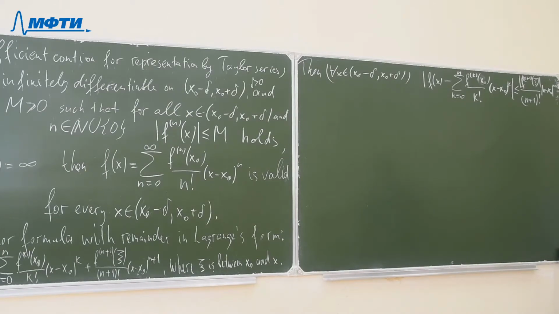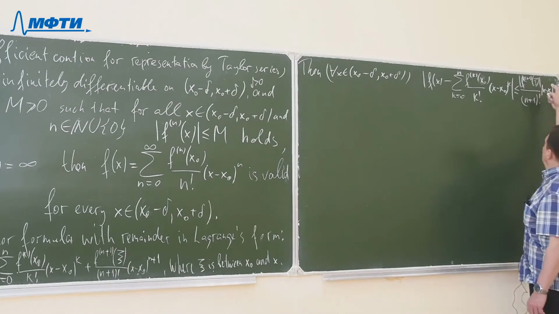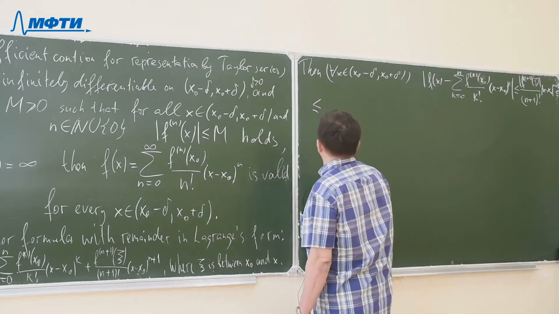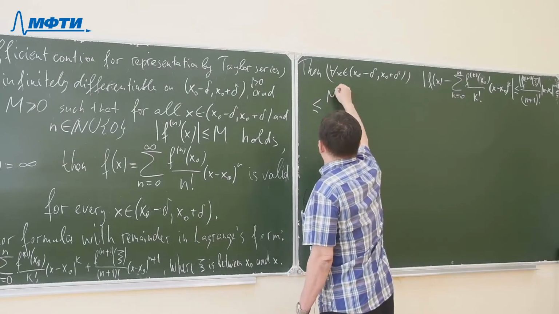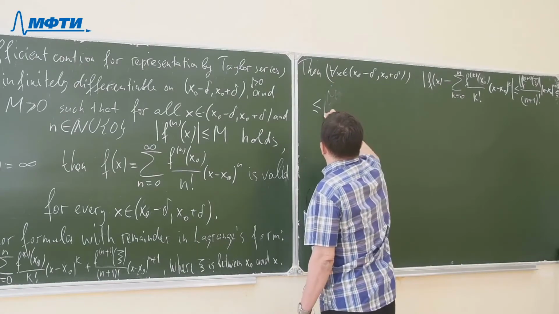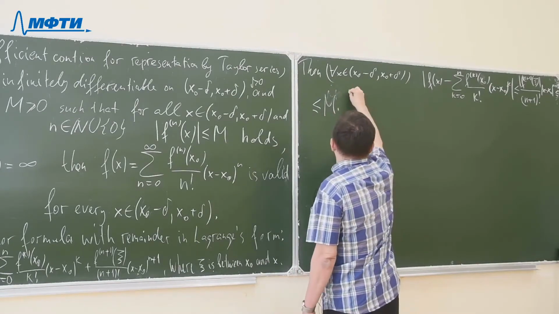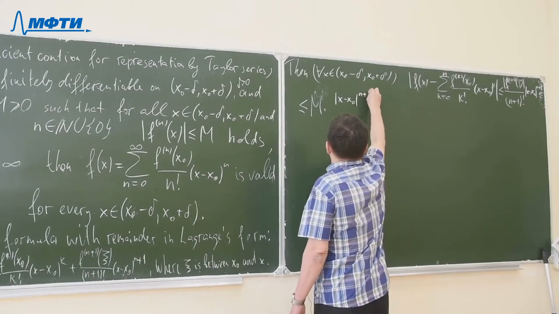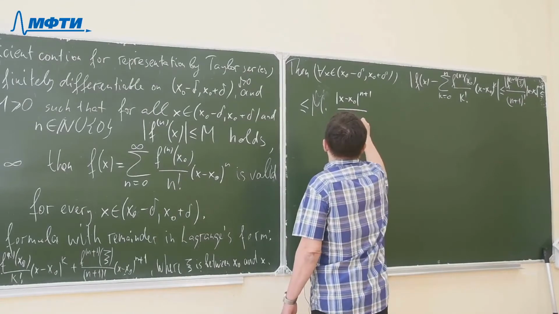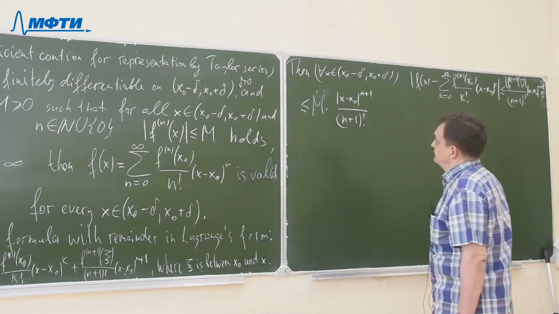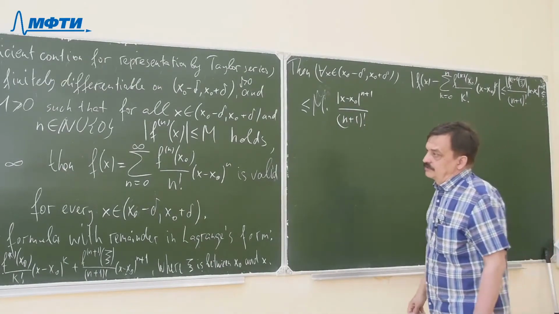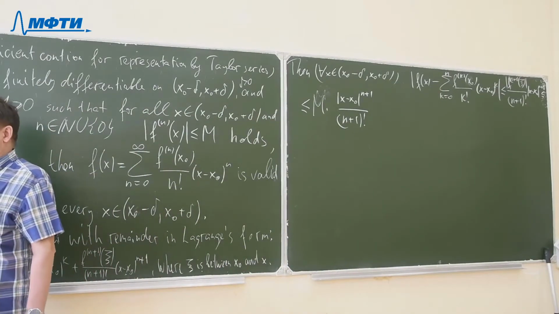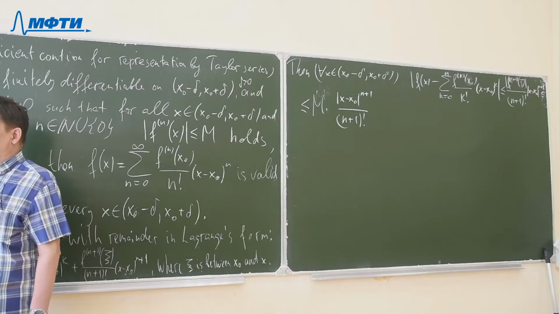And now look, by our supposition the arbitrary derivative is less or equal to capital M, and then I'll write the following ratio. And you see, look at the consequence of example 1.